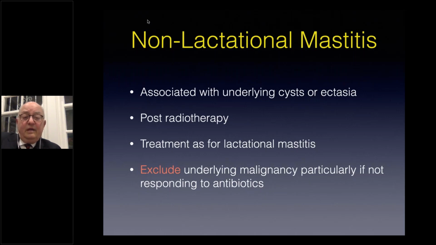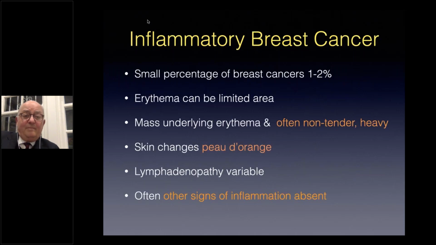Now, the issue here is to exclude an underlying malignancy, and you'd be particularly concerned if you'd started treatment on one of these patients and they hadn't responded to antibiotics. Now, inflammatory breast cancer, and I know this is not a benign condition, but I just want to go over it briefly, makes up a small percentage, maybe 1, 2, 3% of breast cancers.